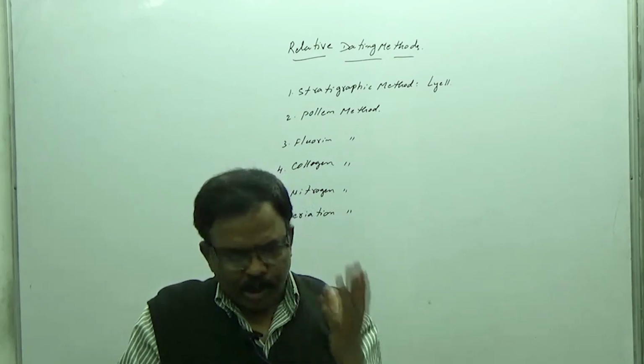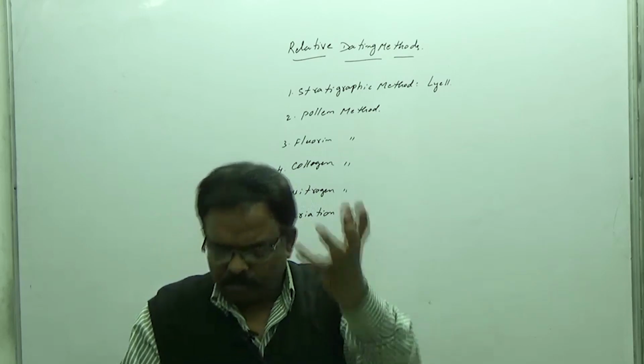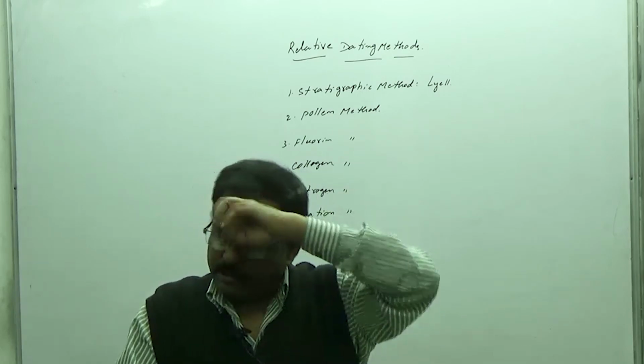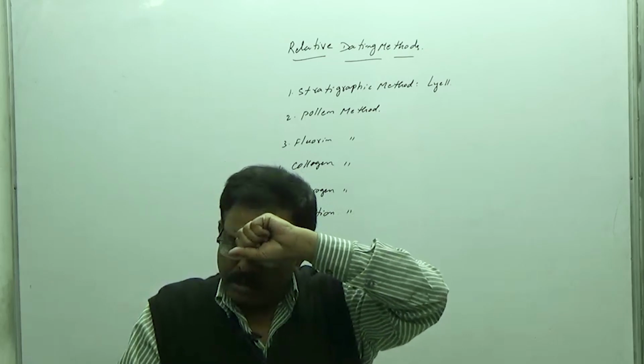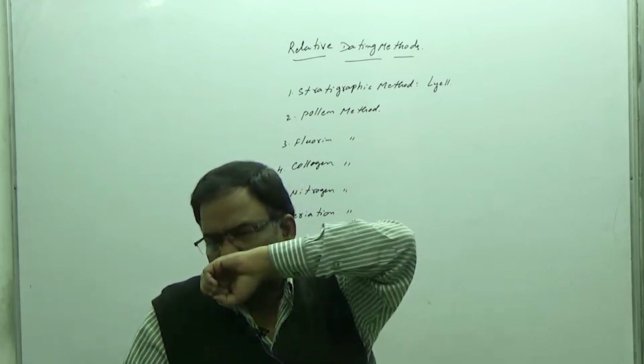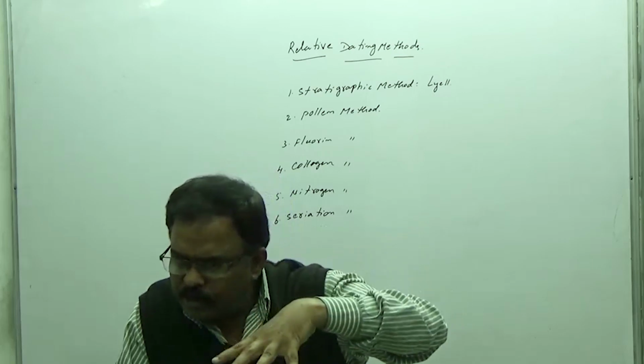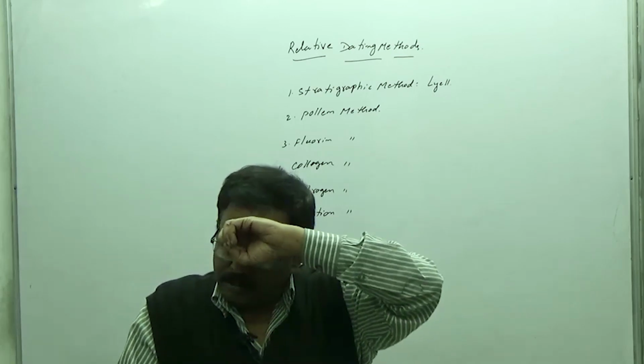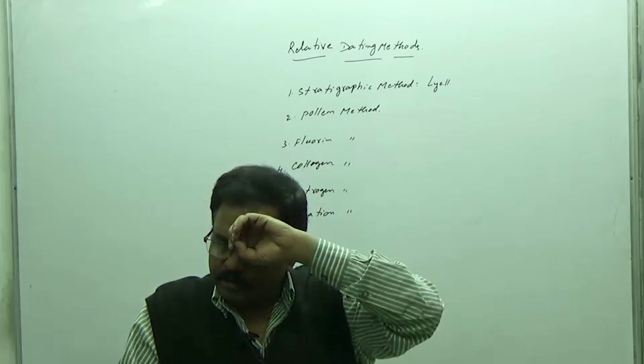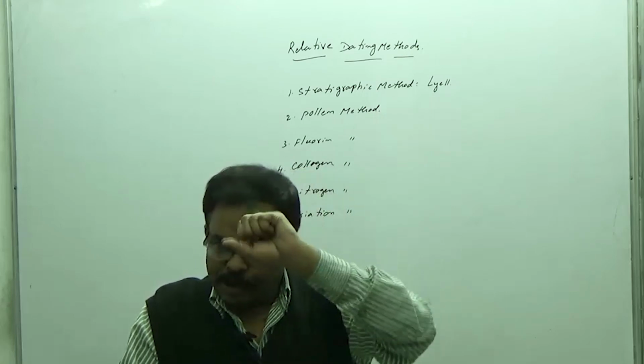Absolute methods give definite, almost perfect information, but they are limited in number. They are useful only for some specific cases, not for all. Again, they have a lot of limitations.